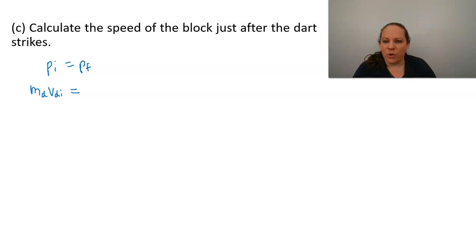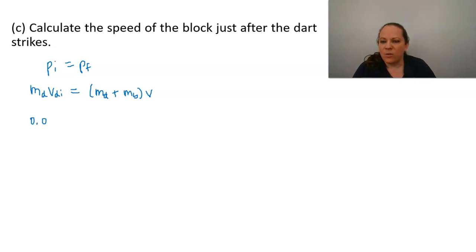And then after the collision, we're going to have the mass of the dart plus the mass of the block times, I'm just simply going to call it V for after the collision. And so now we can substitute.